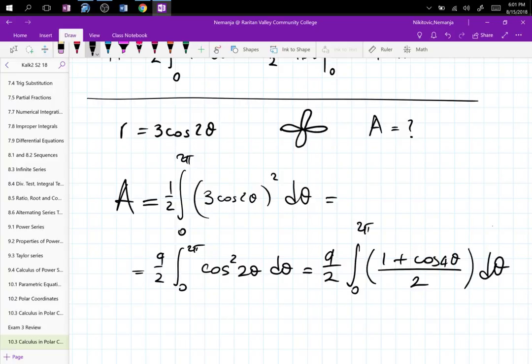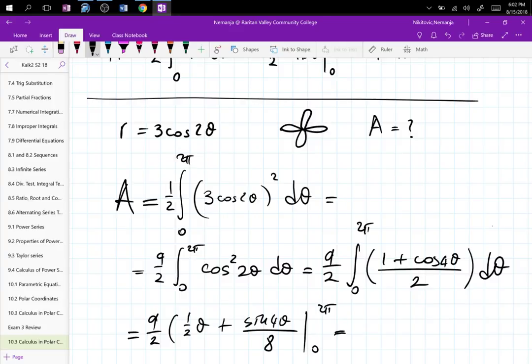So now you have this, and it's equal to 9/2, and then you have the integral of 1/2, which is 1/2 theta, and the integral of cosine is sine, so you have sine 4 theta divided by 8, computed from 0 to 2 pi. Why is it divided by 8?